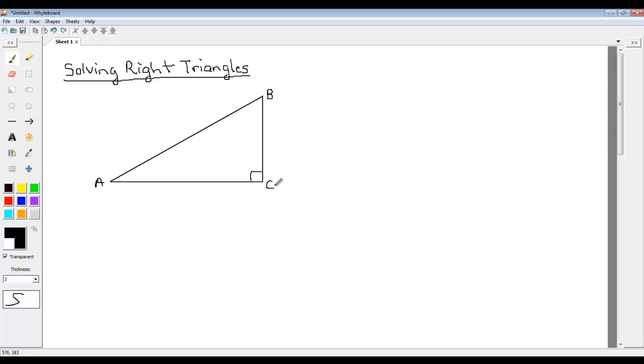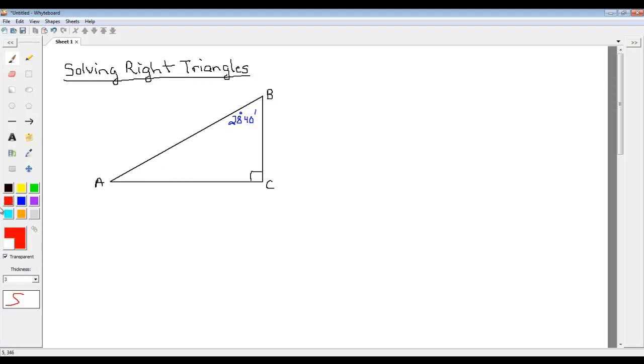Let's say that we're given that angle B is 28 degrees 40 minutes. We're also given that side A is 25.3 centimeters.